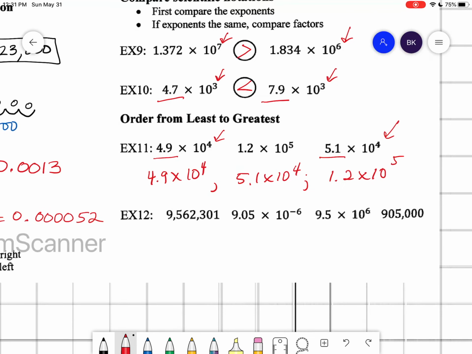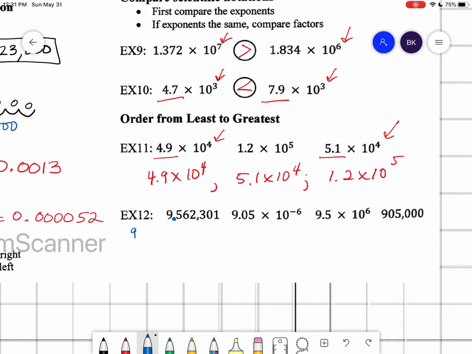Last example, I do see in example number 12, 2 scientific notations and then 2 standard notations. So before you can order anything, how about we write those standard notations as scientific? So let's quickly do that. I'm going to put my decimal between 9 and 5.